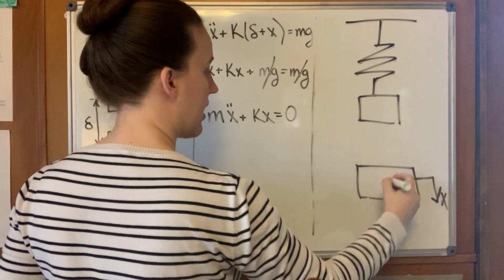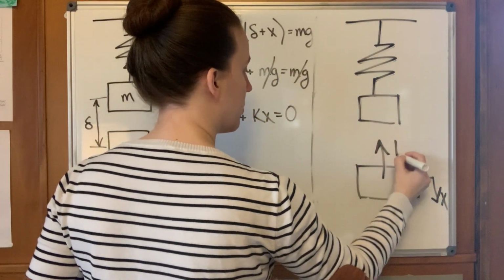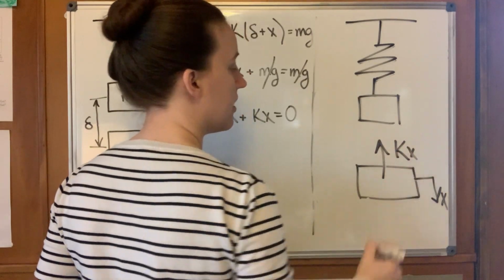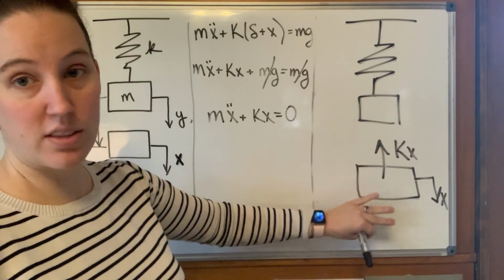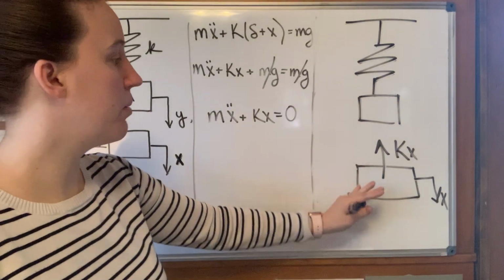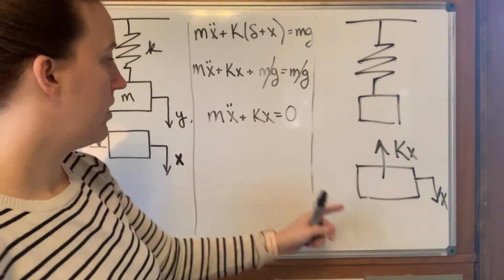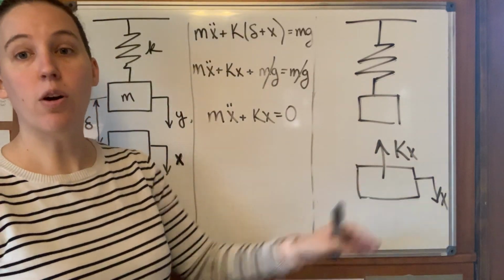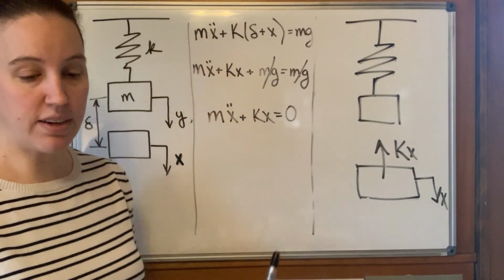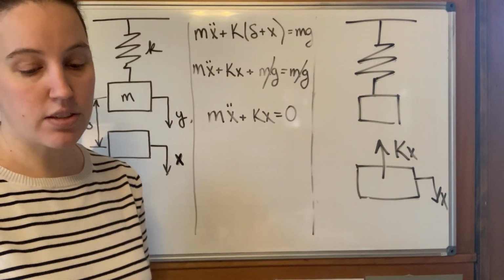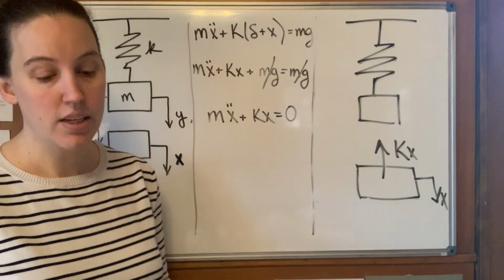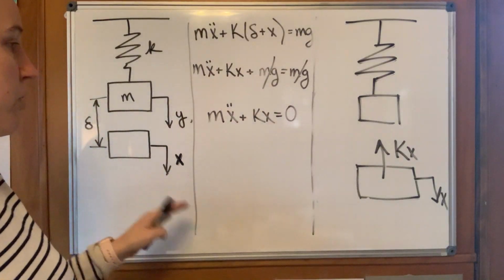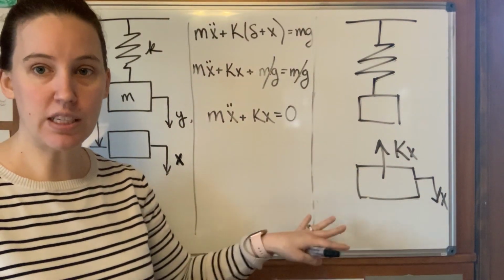So you're going to move down x, you're going to have an increase in force kx. But you're not going to increase the weight. So the weight isn't going to change. There's always going to be some k delta and some mg, and they're always going to be equal and opposite. So you don't have to worry about them. And this is the case always if the springs are linear, which will be always for this class. We can always start at the equilibrium and take the free body diagram about the equilibrium.